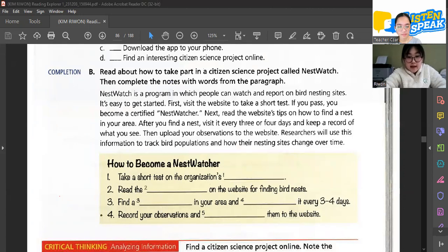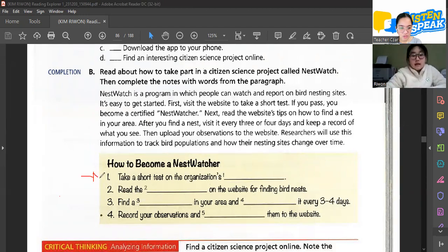After you find a nest, visit it every 3 or 4 days and keep a record of what you see. Then upload your observation to the website. Researchers will use this information to track birds' populations and how their nesting sites change over time.